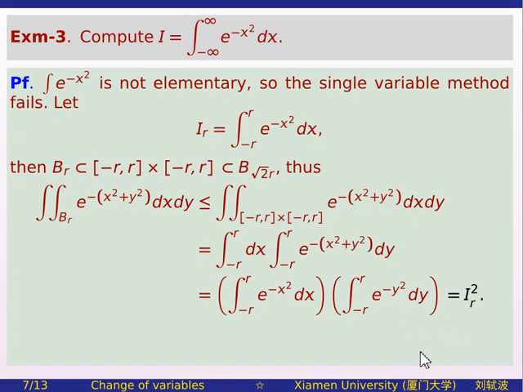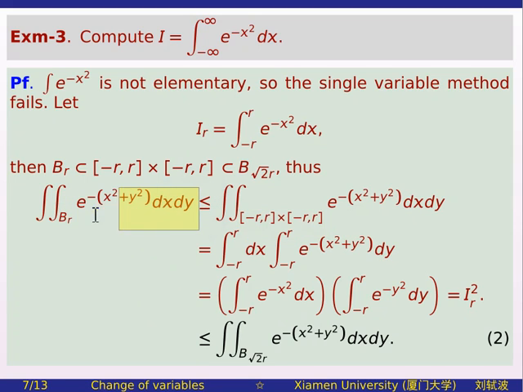But this double integral is also less than or equal to the integral over the larger disk, because this disk contains the rectangle. So we have this estimate.